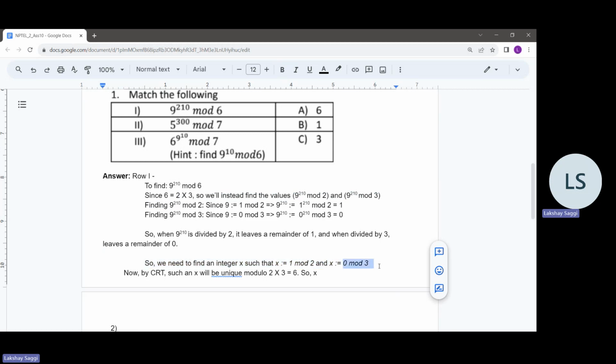So x also satisfies these properties, and 9 raised to the power 210 also satisfies these properties. And since we want to find the solution modulo 6 here, we know that the solution will be unique by the Chinese remainder theorem. So what this essentially means is that x will be nothing but 9 raised to the power 210 mod 6.